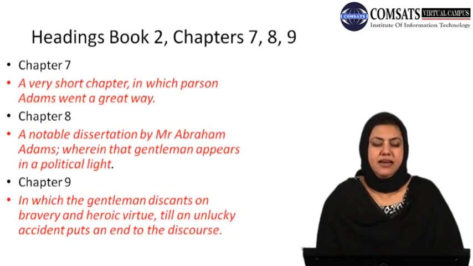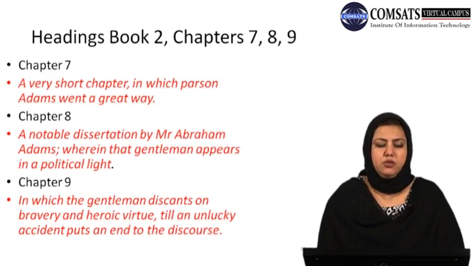Chapter 8 has a heading that runs, a notable dissertation by Mr. Abraham Adams, wherein that gentleman appears in a political light. Whereas the third chapter that I have combined with it, that is chapter 9, it has a heading in which the gentleman descants on bravery and heroic virtue till an unlucky accident puts an end to the discourse.